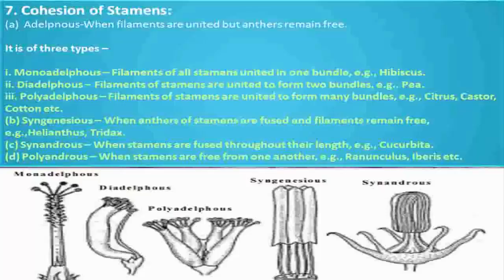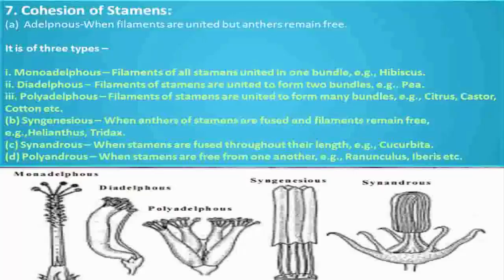Now the second category is syngenesious. When the anthers of the stamens are fused and the filaments remain free. It is just the opposite of adelphous. So this is your syngenesious, where the anthers of the stamens are fused. As you can see, all the anthers are fused and the filaments remain free.